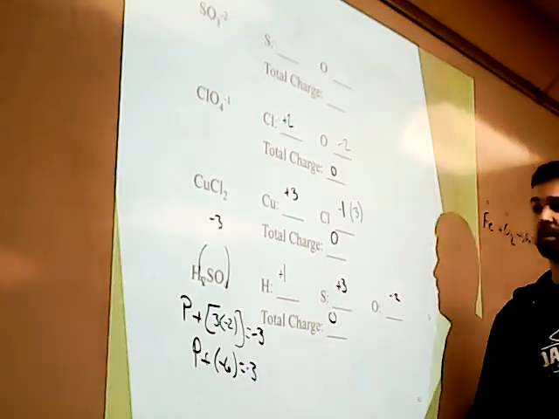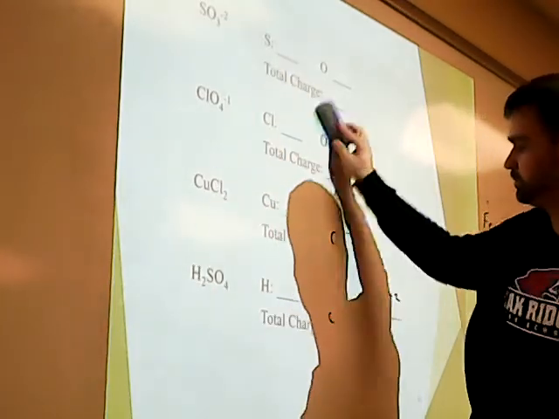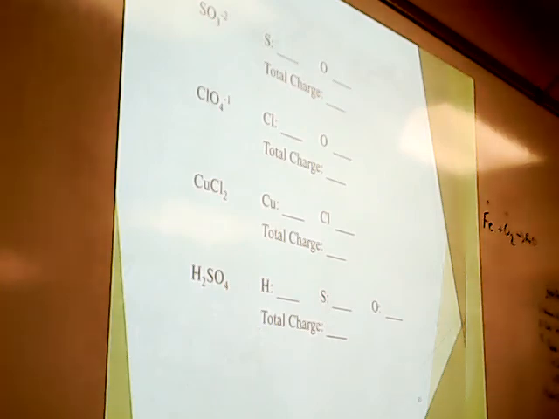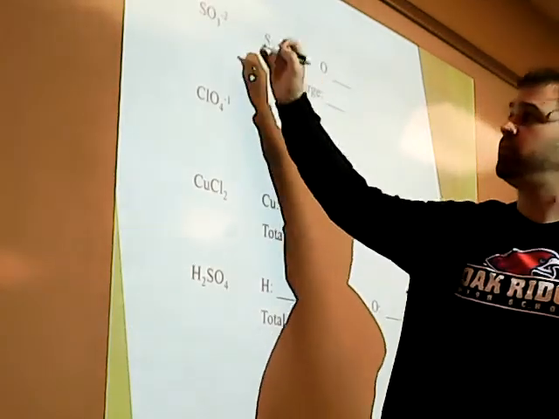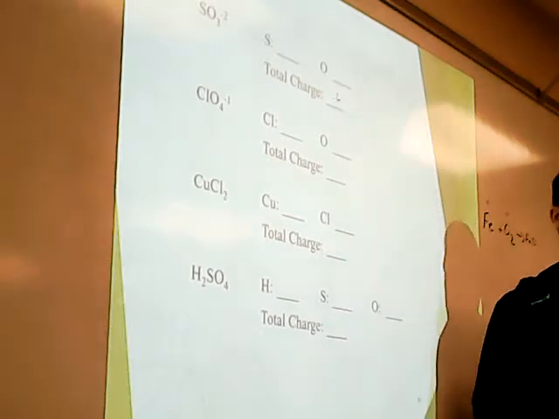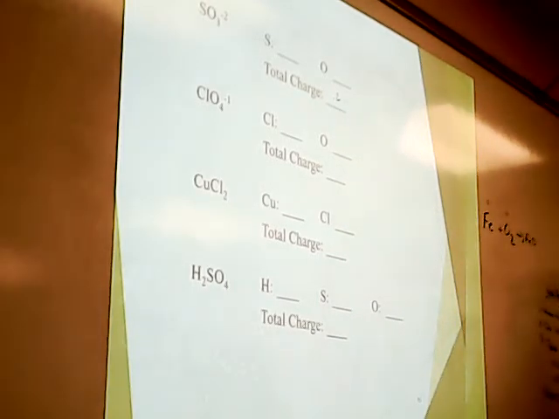Next step. I'll do one more with you, and then I can let you finish out the rest of the examples. We have sulfite. What's the overall charge? -2. So I'm going to put that there, because it's indicated what that charge is.